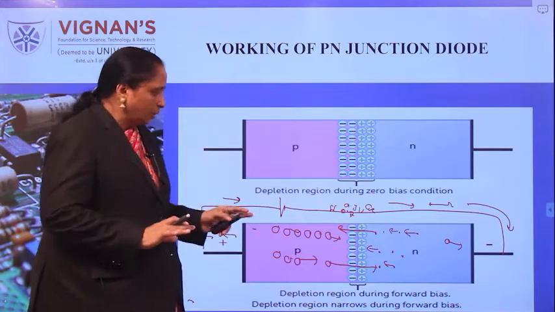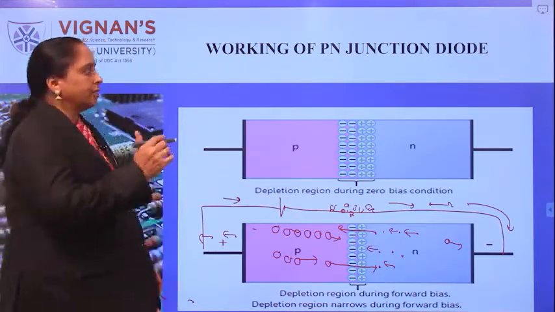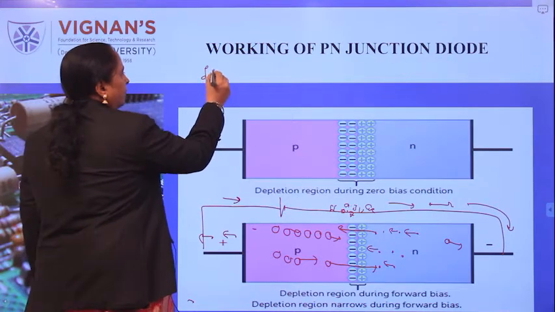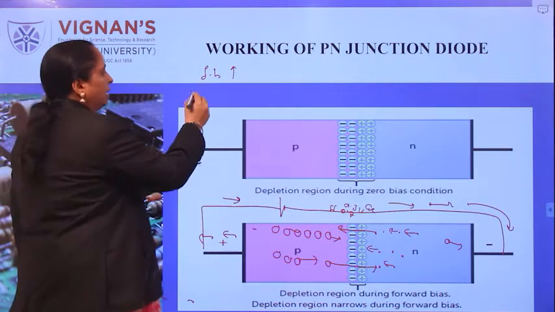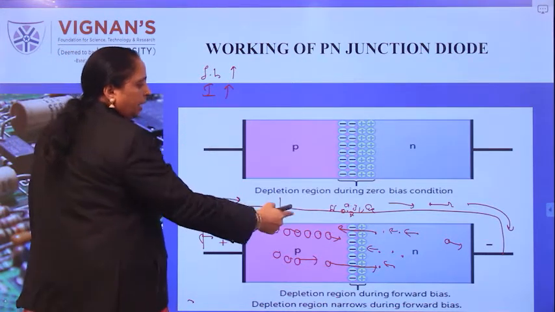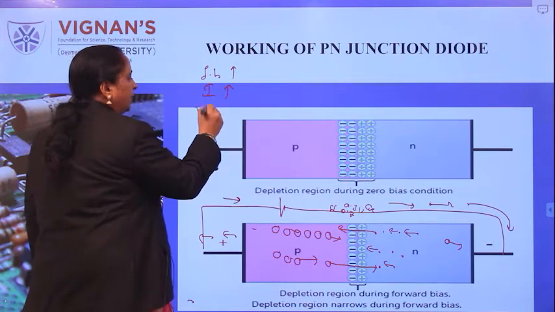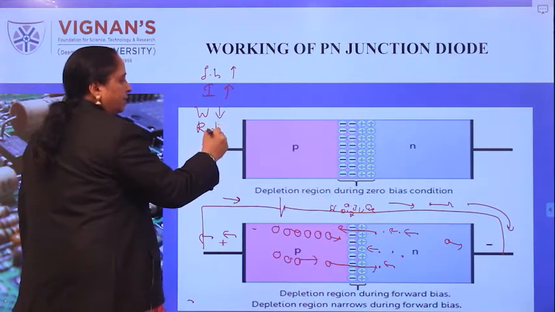So, now let us conclude. After the forward bias operation, what are the conclusions? As soon as the forward bias is increasing, automatically the forward current increases. What is reducing here? Depletion width decreases, thereby resistance decreases.